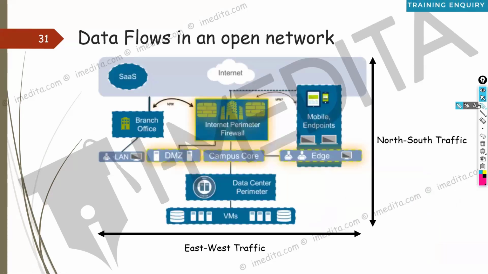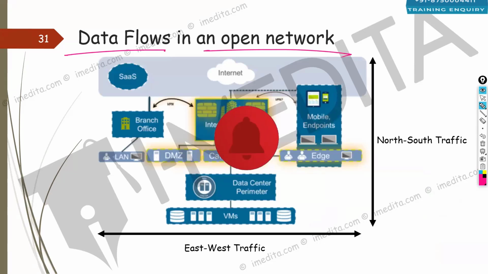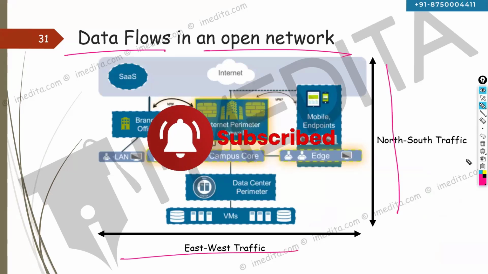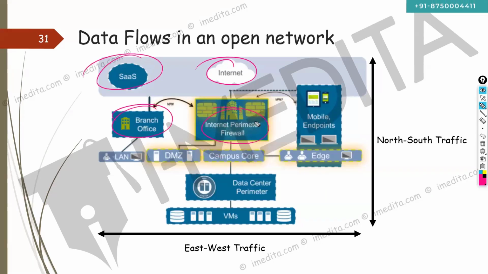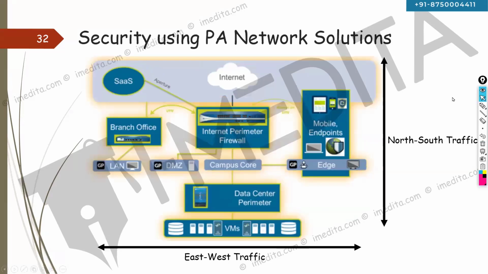Now we have data flow in an open network, east to west or north to south, where we have internet, software as a service, branch, headquarter, mobile device, data center, and virtual machine. Palo Alto says that to fulfill all your needs for software as a service, you can purchase Aperture.